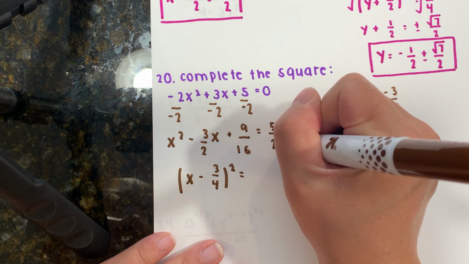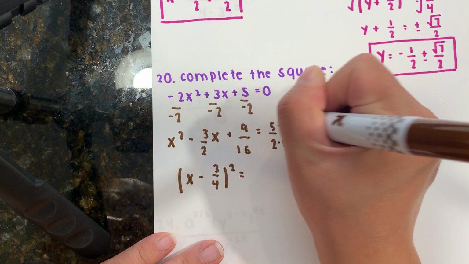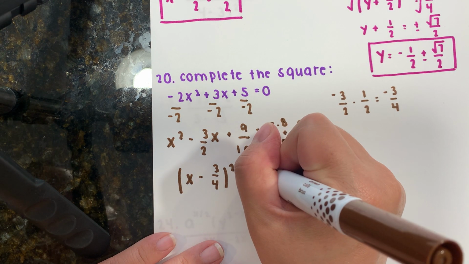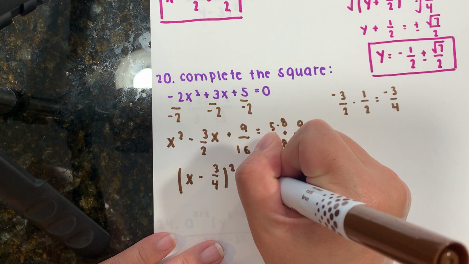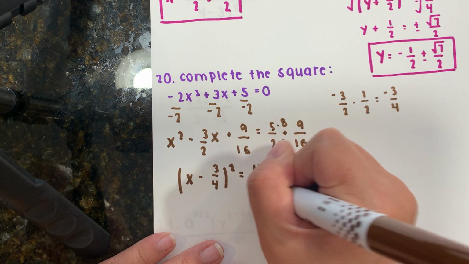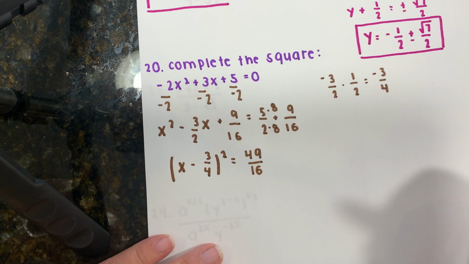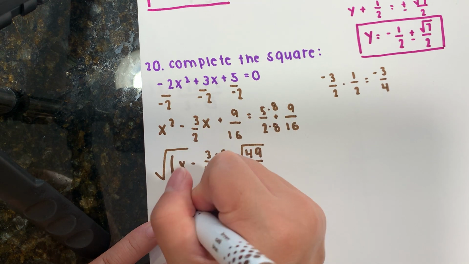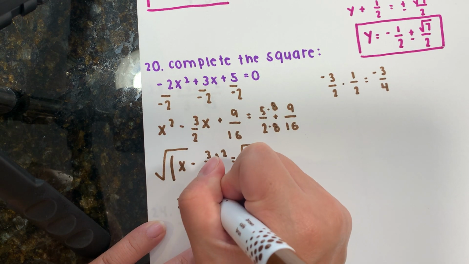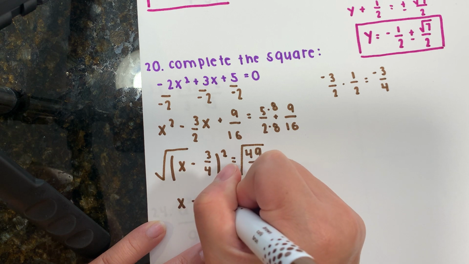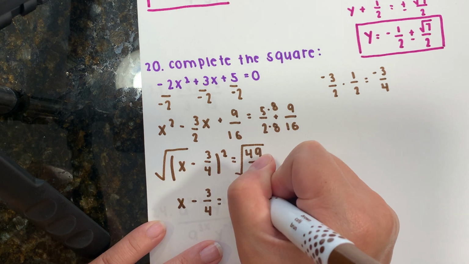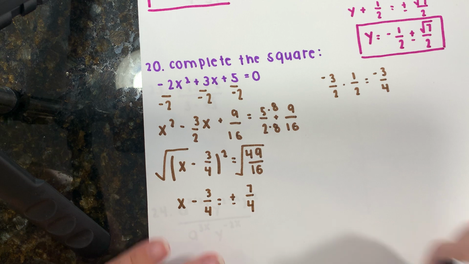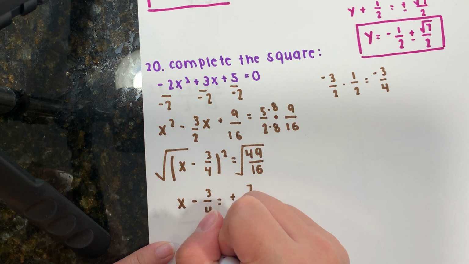And you're going to make a common denominator. So that would be 49 over 16. Now you're going to want to take the square root of both sides. So that would be x minus 3 over 4 equals plus or minus 7 over 4. And you're going to add 3 over 4 to both sides.